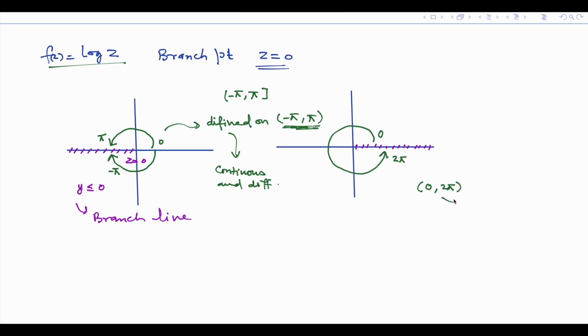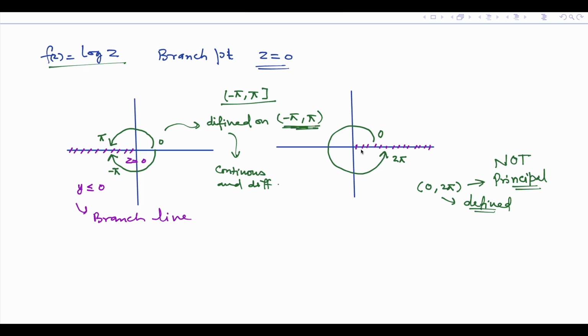This function is defined, but this is not the principal branch, because we have declared the principal branch like this. This is also a gap of 2 pi, but this is not a principal branch.